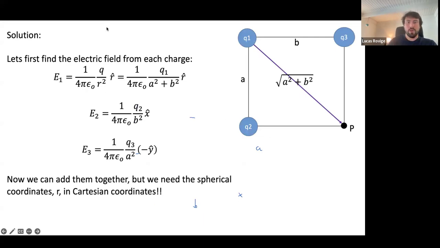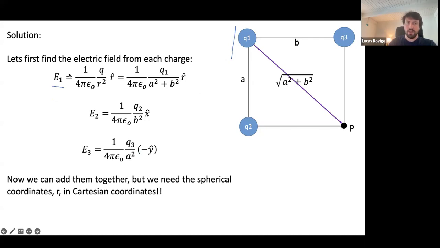Okay, so let's solve to retrieve the value of the electric field at this point P. Let's start by getting the single contribution of each charge. So let's start with E1, which is the contribution of Q1.